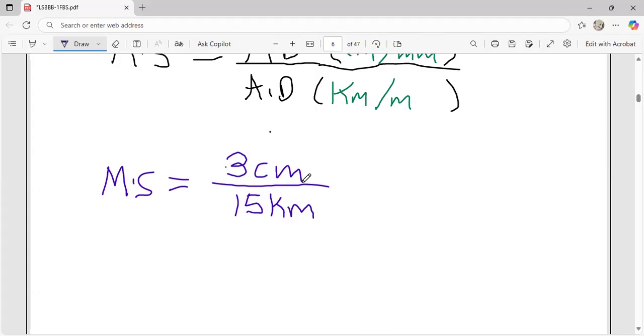But since they have different units, we can't cancel out. We have to make sure they are all in the same units before we can work on them.